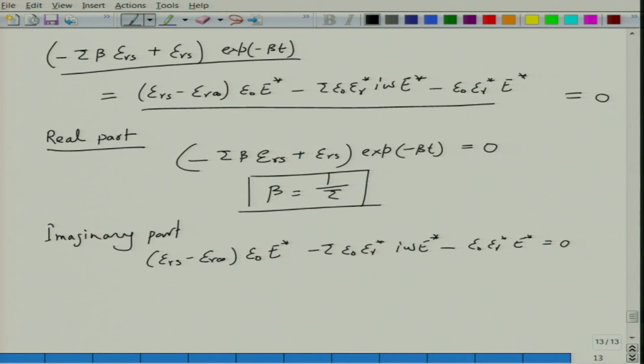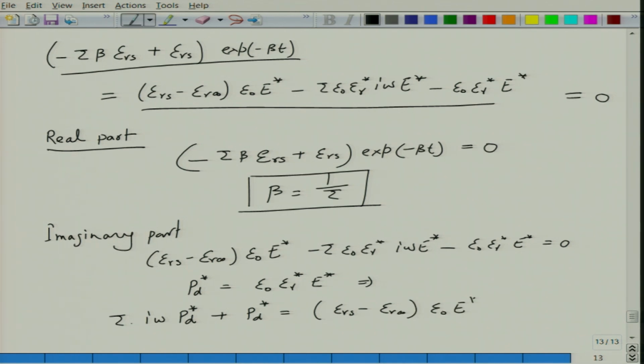So, basically if Pd star is equal to epsilon naught epsilon R star into E star, then what it means is that Pd star minus this is equal to 0. Okay. So, if you do this substitution, what we will get is tau into I omega into Pd star plus Pd star is equal to epsilon Rs minus epsilon R infinity into epsilon naught into E star. Okay.